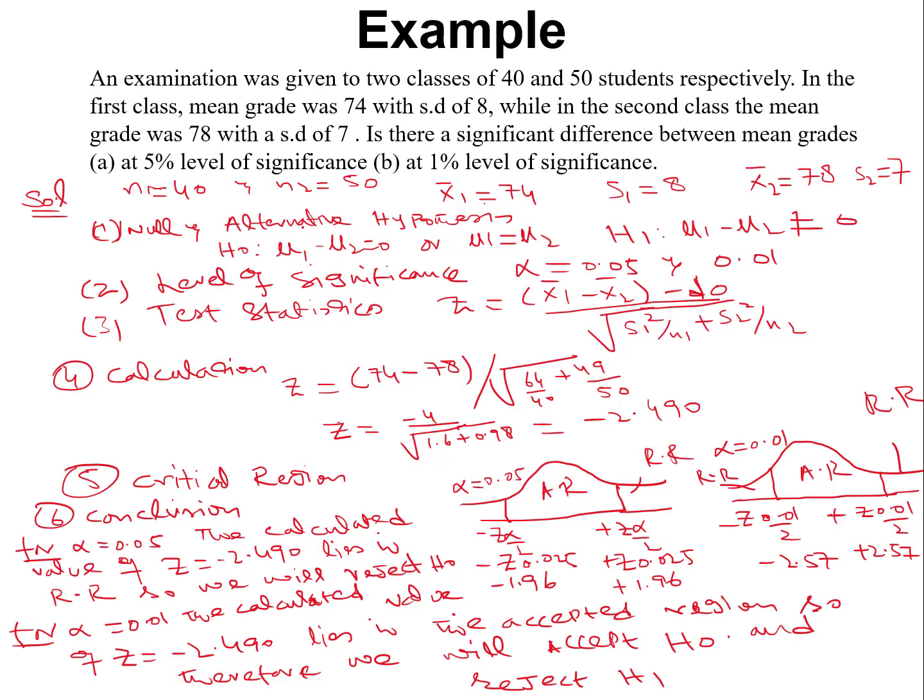And the opposite will be mu1 is not equal to mu2, or you can write that the difference is not equal to 0. When the difference is not equal to 0, it means that both population means are not equal.